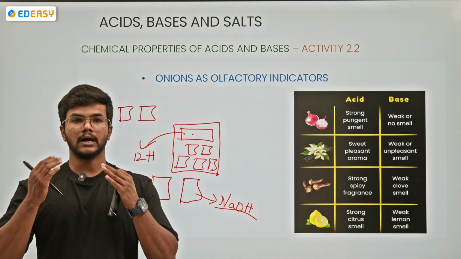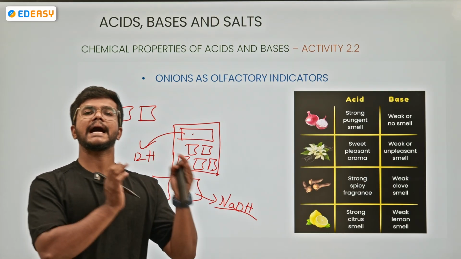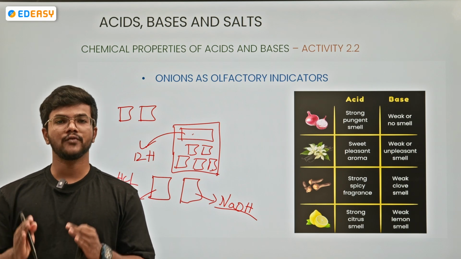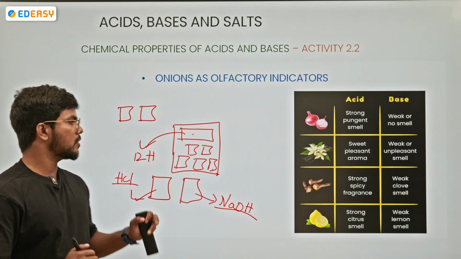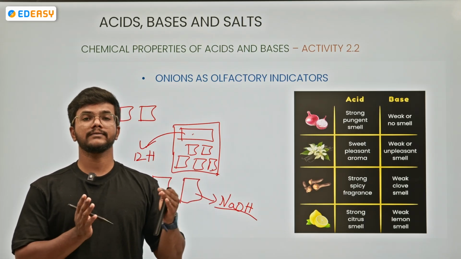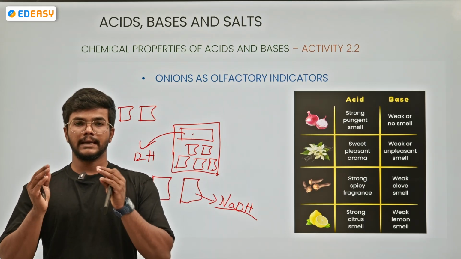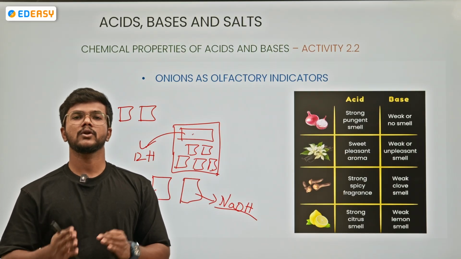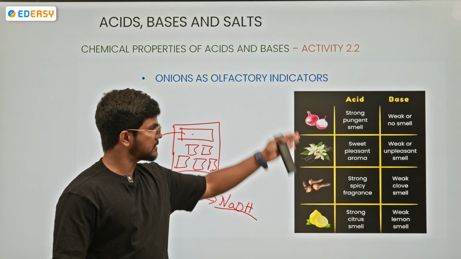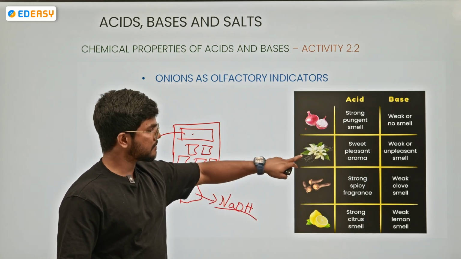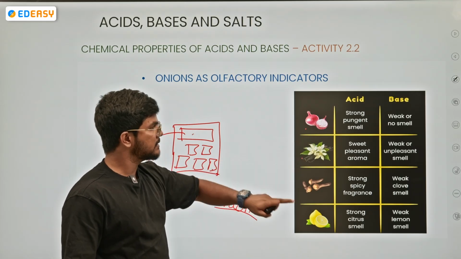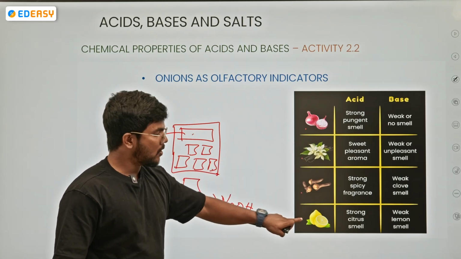So the indicators which react with the acids or bases and change their smell are called olfactory indicators. Onion comes under the olfactory indicators because when it reacts with the base, it changes its smell. Not only base, acid also. Here some indicators are given: onion, jasmine and vanilla essence, clove and lemon.